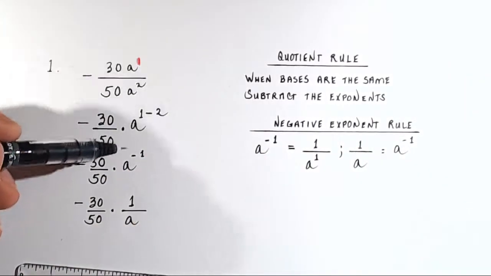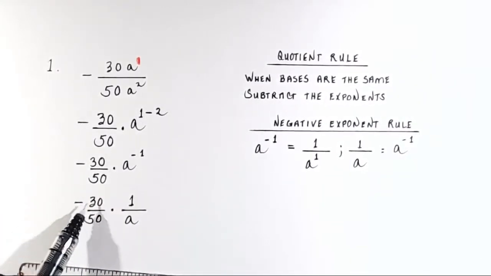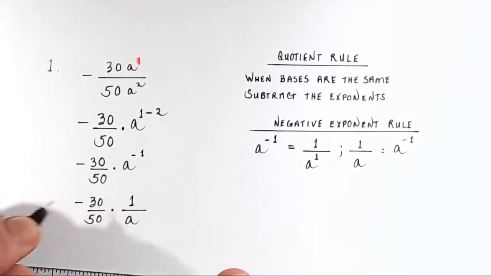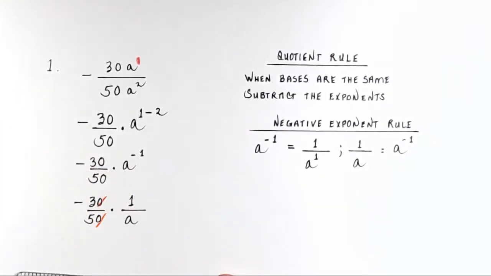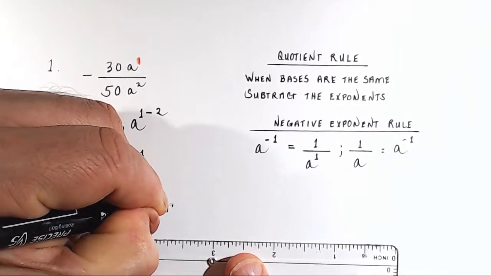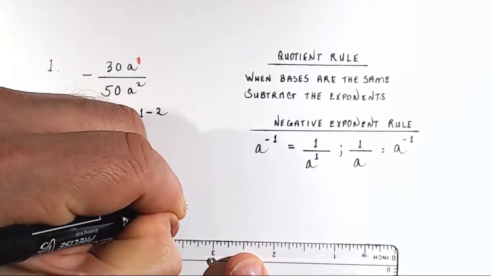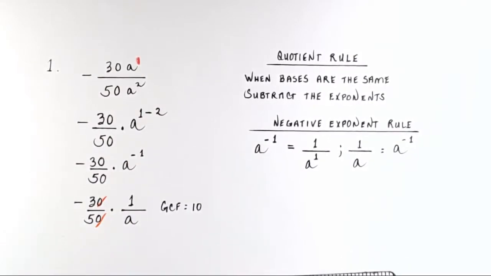We applied the quotient rule here and negative exponent rule here. We can continue to simplify this by reducing this fraction. Right away, I can see that I can cancel the zeros by dividing top and bottom by 10. Okay, so in this case, the GCF was 10, and that means I can divide a 10 out of the numerator and denominator.